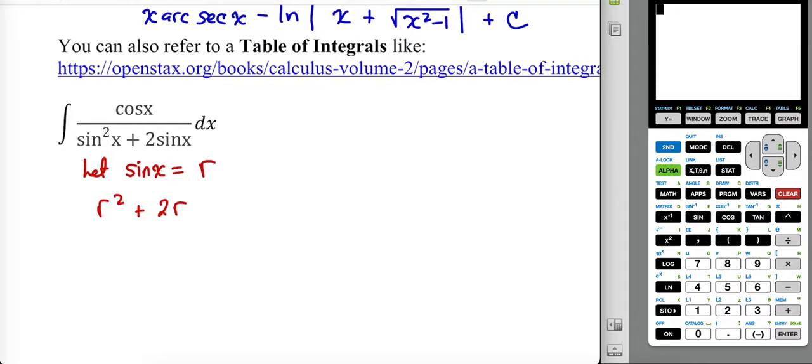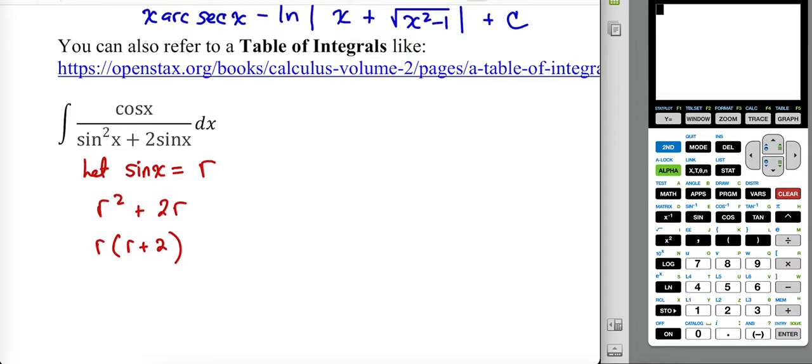If we were to factor this, it would be r times r plus 2. Well, that's a set of linear factors, so we could do the same thing with trig functions. So we're taking a looser approach to this, but it sort of reminds me of partial fractions, so maybe I'll try doing it that way.